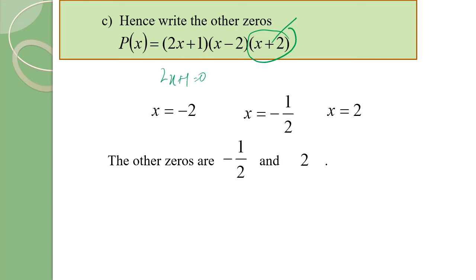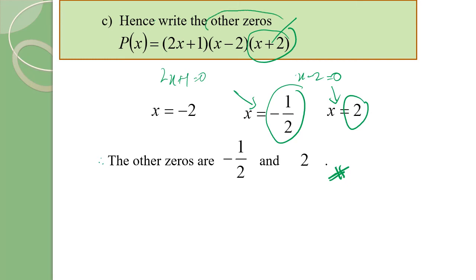So x equal to negative 1 over 2, and x minus 2 equal to 0, so x equal to 2. So the zeros are negative 1 over 2 and 2. So this is the answer. Write the other zeros. The zero given in the question, no need to write. Okay, so we have another 2 zeros here: negative 1 over 2 and 2.